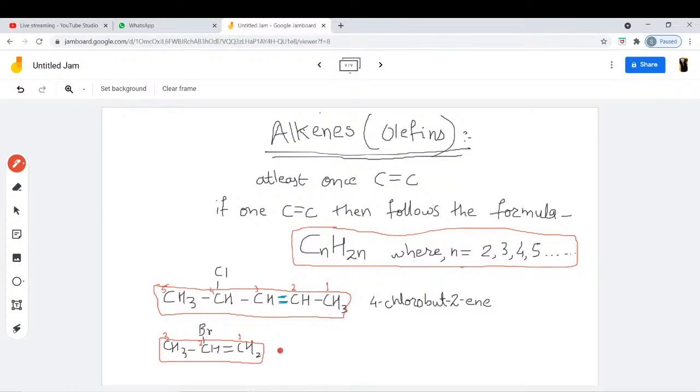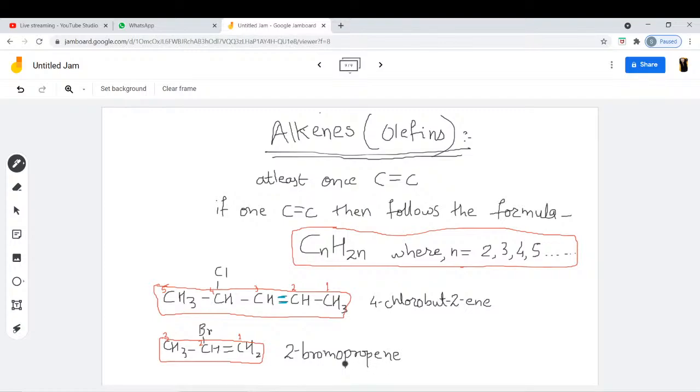So its name is 2 bromo, then 1 2 3, so propene, PROPENE. Some students try to object to this particular name. Sir, propene, no, not propene, prop-1-ene.